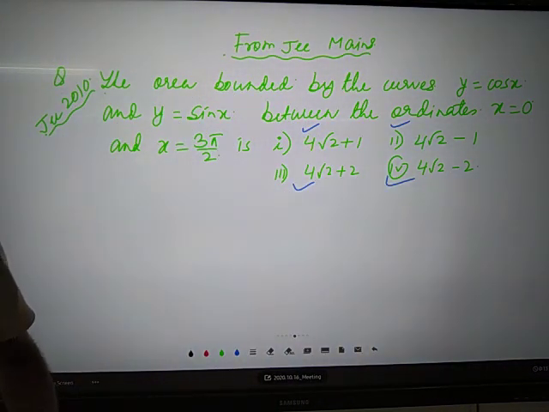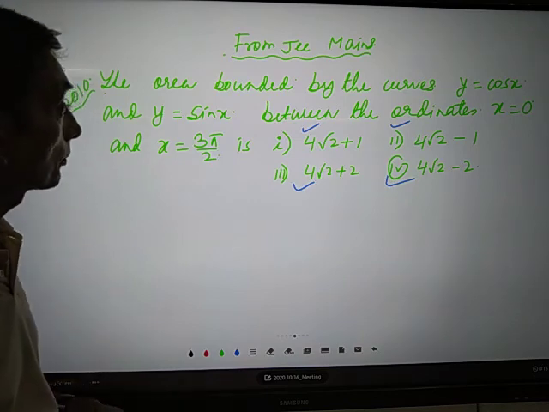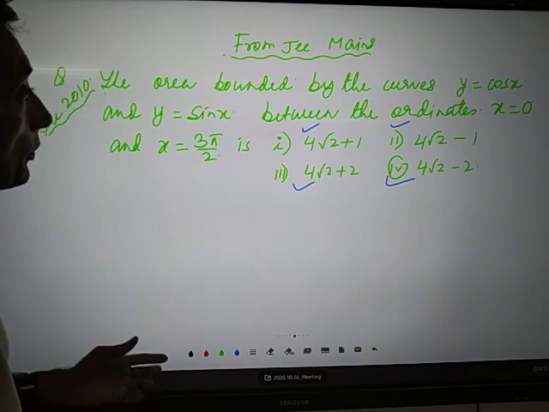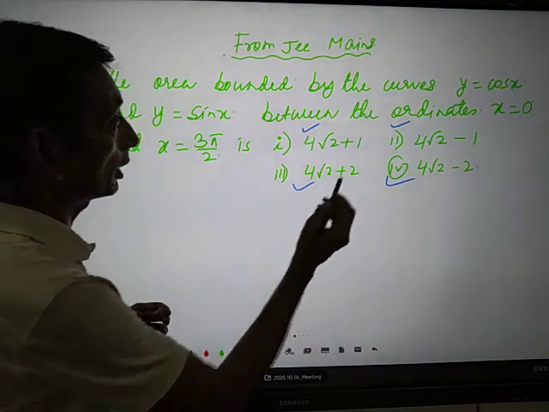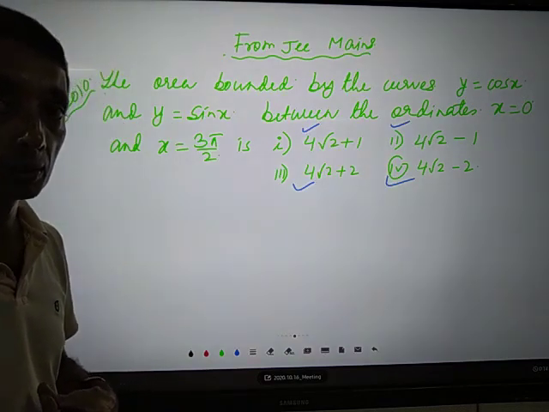Now to get the area, first of all we need to draw the graph of y equals cos x and y equals sin x.